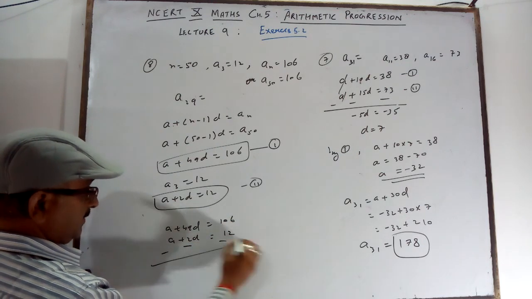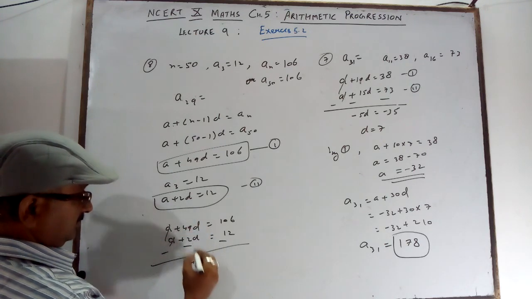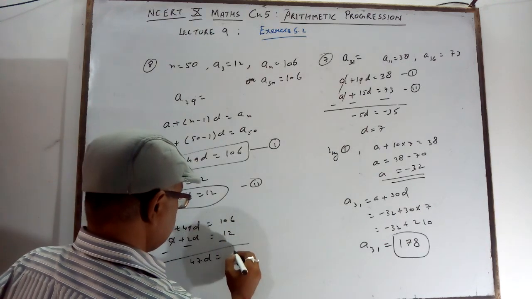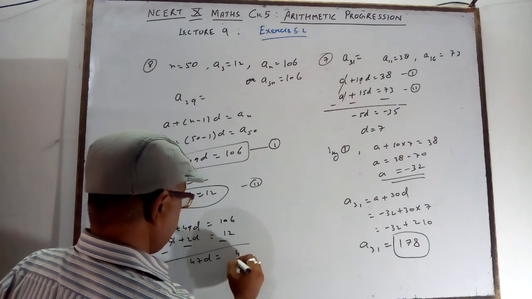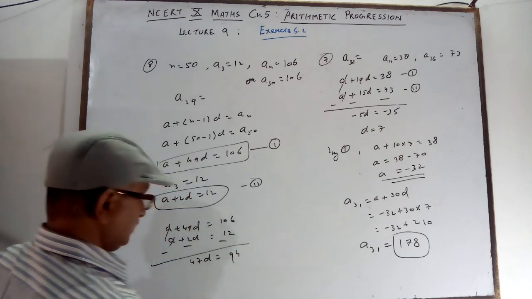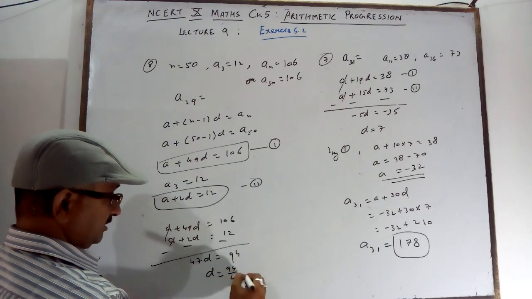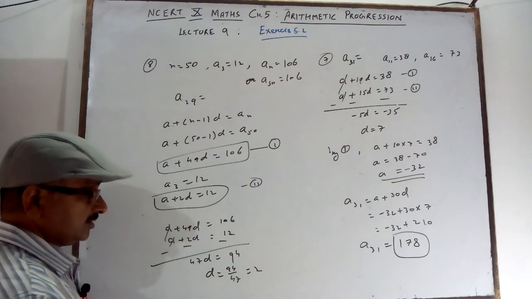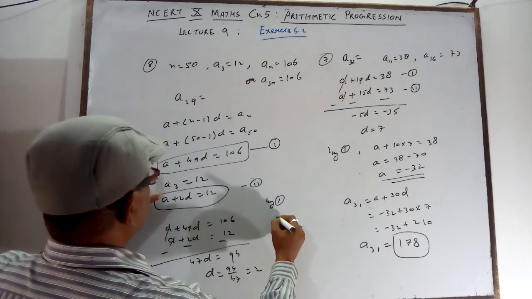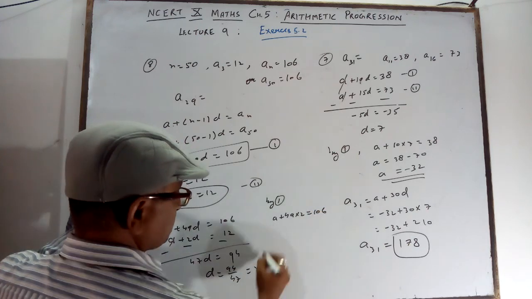Subtract. You are getting 47D is equal to 94. So D is equal to 94 by 47, D is 2. By the first equation, A plus 49 into 2 is equal to 106.